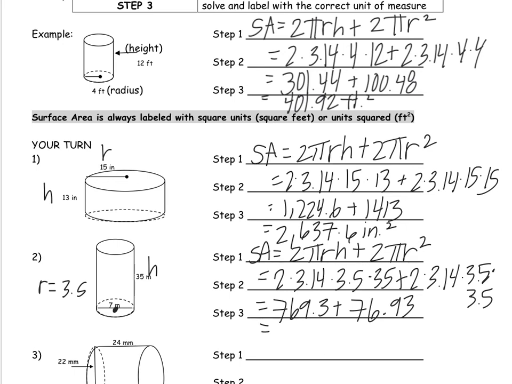So we'll add those together. 846.23 meters squared.